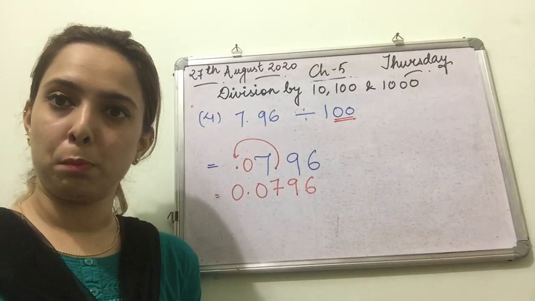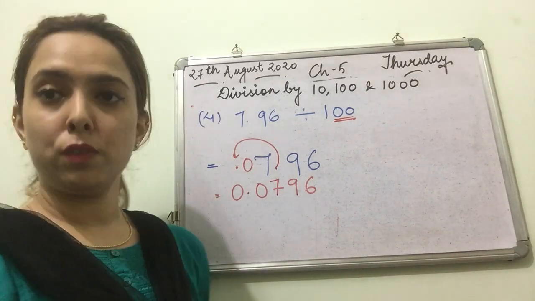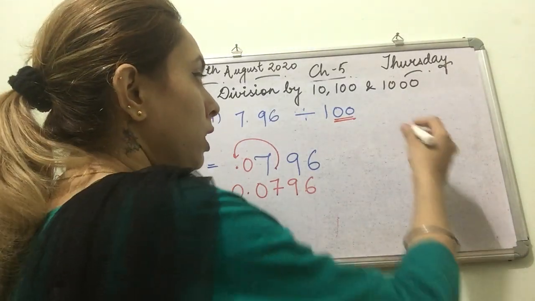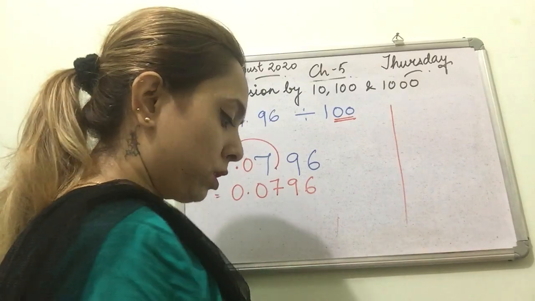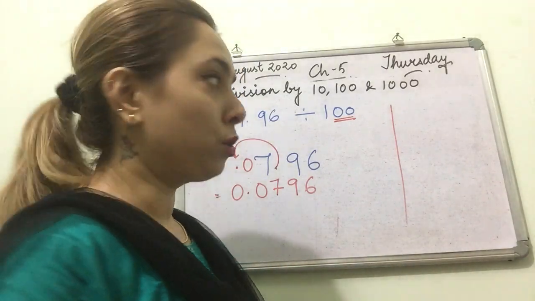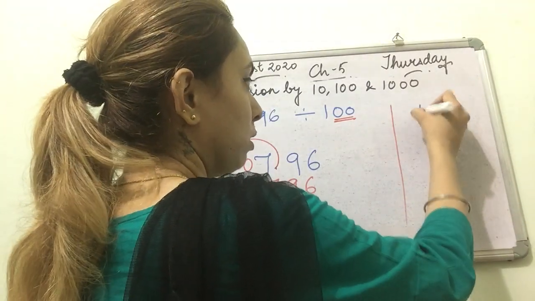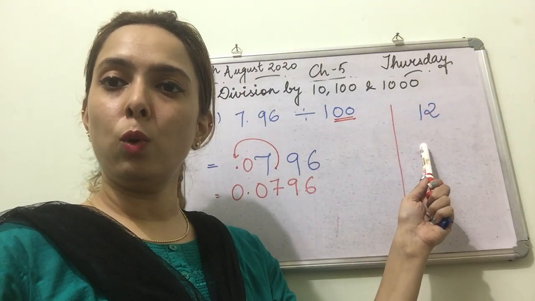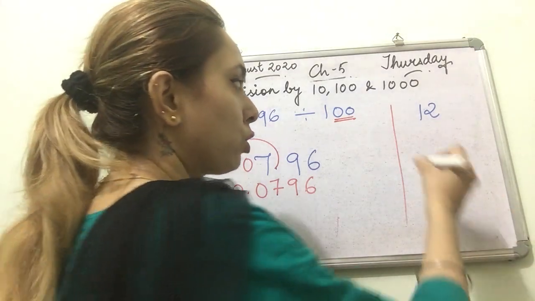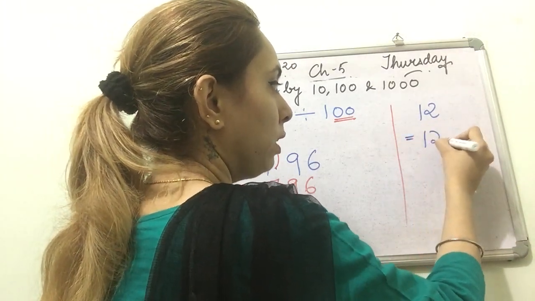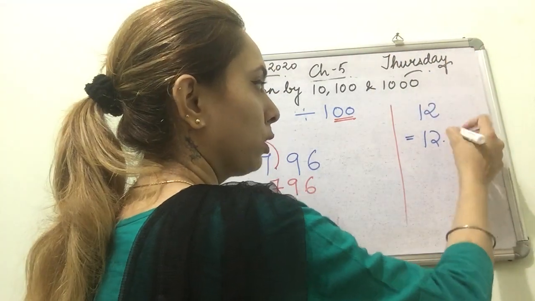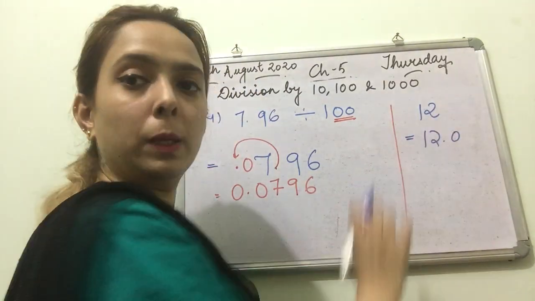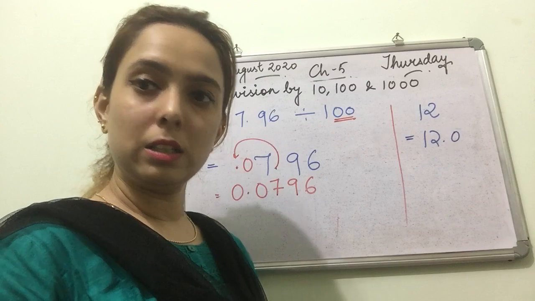This is your answer. I hope it is very simple. So in this way you will solve. One more thing I want to explain to you. Suppose a whole number is given to you. A whole number is 12. I want you to convert this whole number into decimal. So you will always put the decimal after the number. The decimal number for 12 is 12.0.